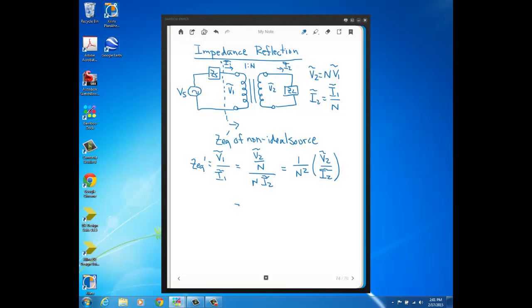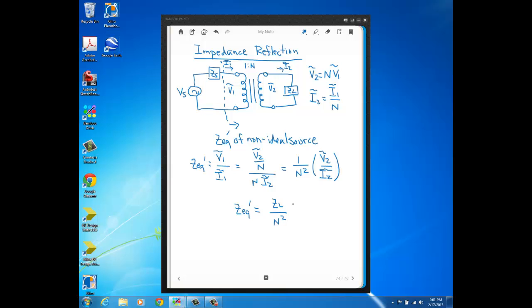So you see, this is what impedance reflection is all about: when you put a transformer in between two impedances like ZS and ZL, from the perspective of this non-ideal source, you can alter what ZL looks like, or what ZL the transformer sees from the primary side, because this is just equal to ZL divided by N squared.